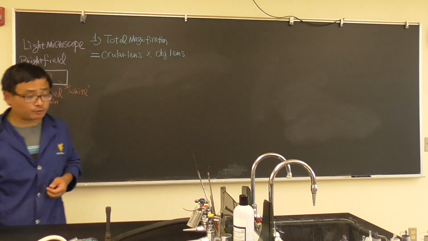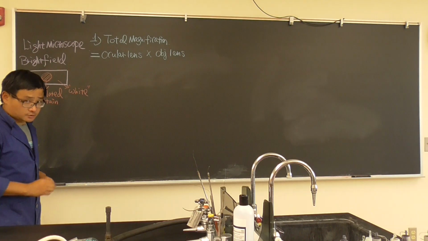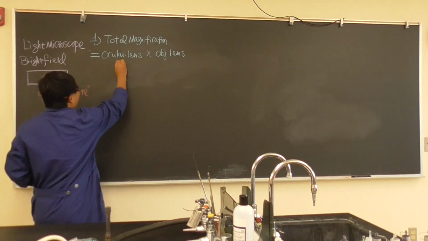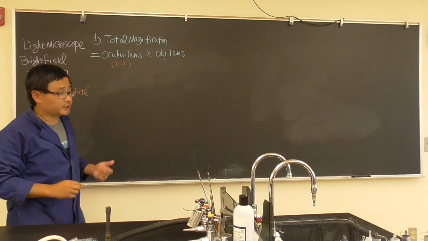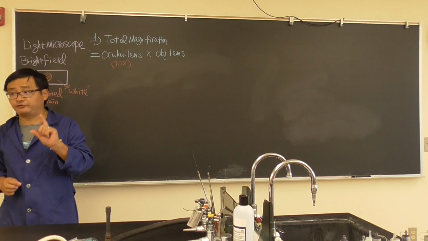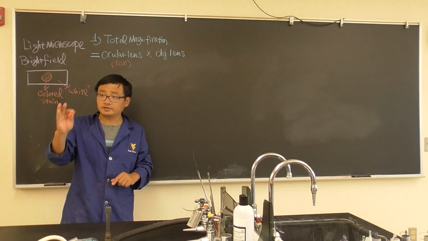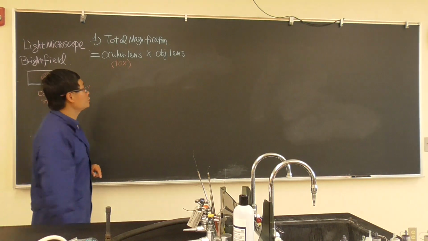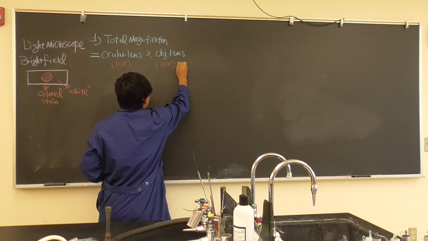We multiply the magnification of the ocular lens and the objective lens, and we get the total magnification. So it's a very simple question. What is the magnification of the ocular lens? The microscope you use is always 10x. Now how about the objective lens? If you look at your objective lens, you will see there are 4 different types, which are 4x, 10x, 40x, and 100x. So you can do the math. If the objective lens is 10x, what is the total magnification?